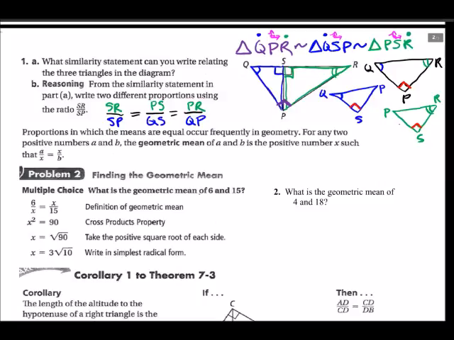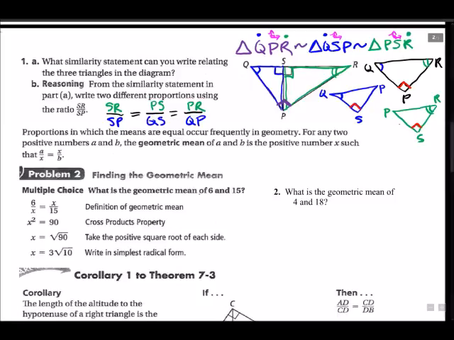In the second part, it says, from our similarity statement, write two different proportions using the ratio SR to SP. So I looked, well, where do SR and SP come from? SR comes from the green triangle, and SP comes from the blue triangle.